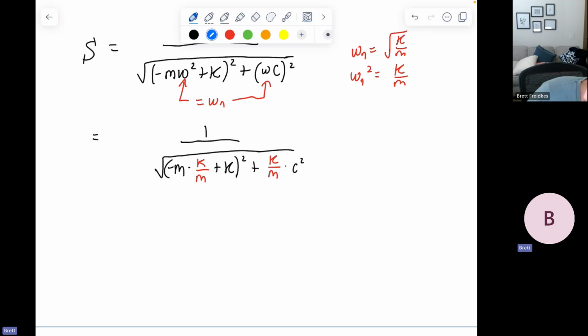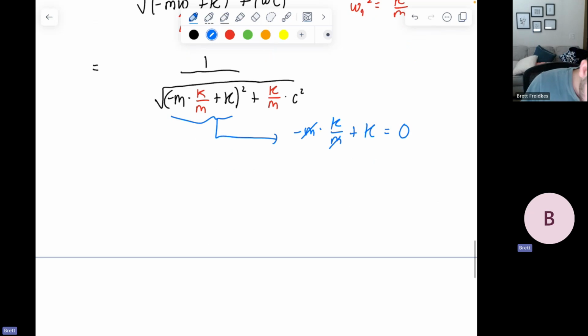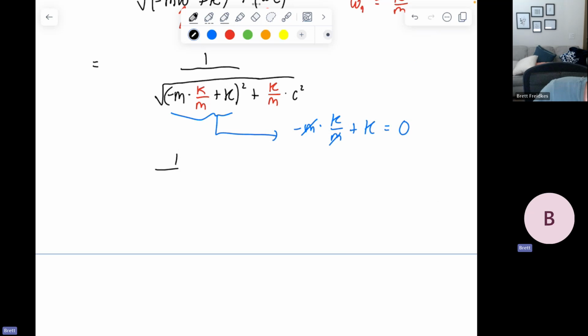If we just look at this on the side, we will have negative m times k over m, which means that the m's will cancel, plus k, that ends up being 0. And then we will have 1 over the square root of k over m times c squared.